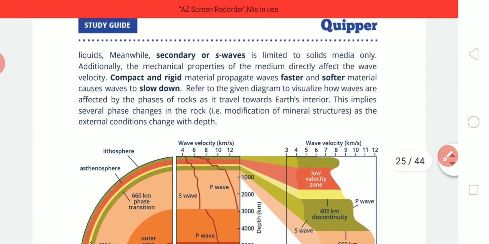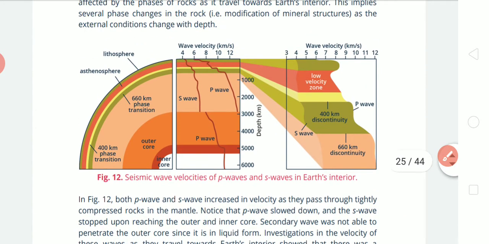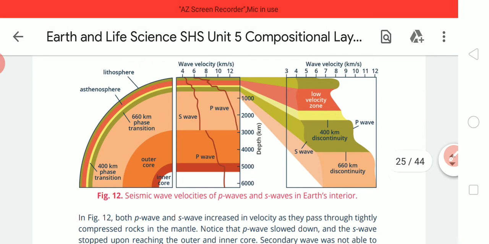Okay, so let us consider this figure down. These are examples of the movement of the P waves and the S waves. Let us take a look first on the P waves.